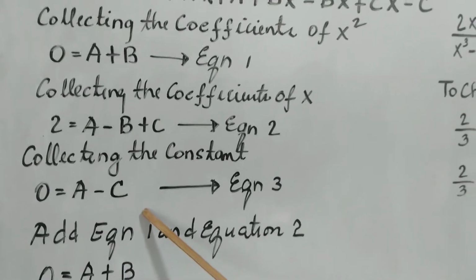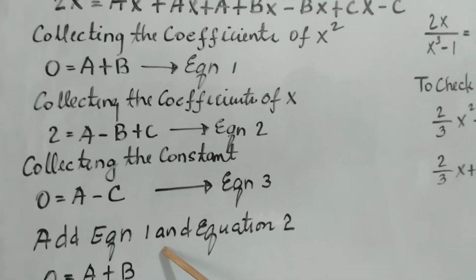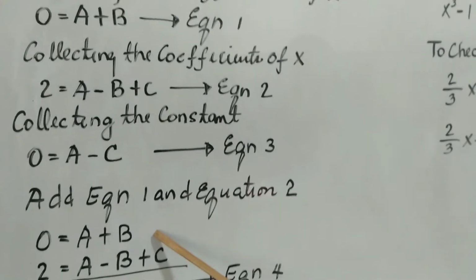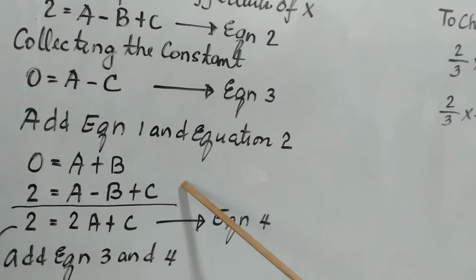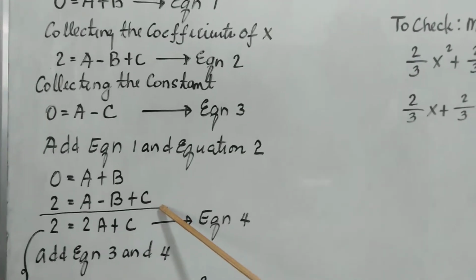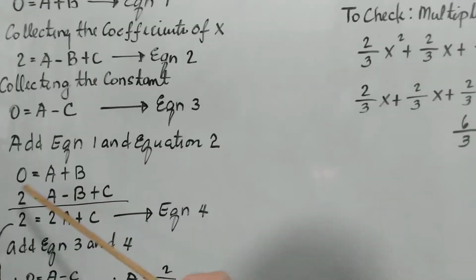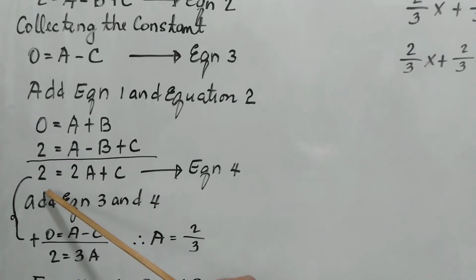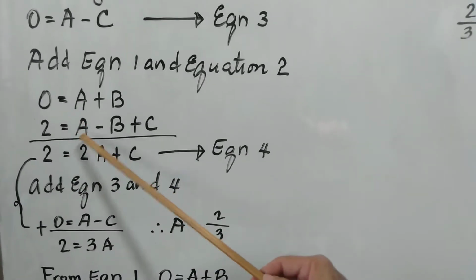Then we are going to add equation 1, which is 0 is equal to A plus B, and equation 2, which is 2 is equal to A minus B plus C. And the sum is 2: 0 plus 2 is 2, A plus A is 2A.